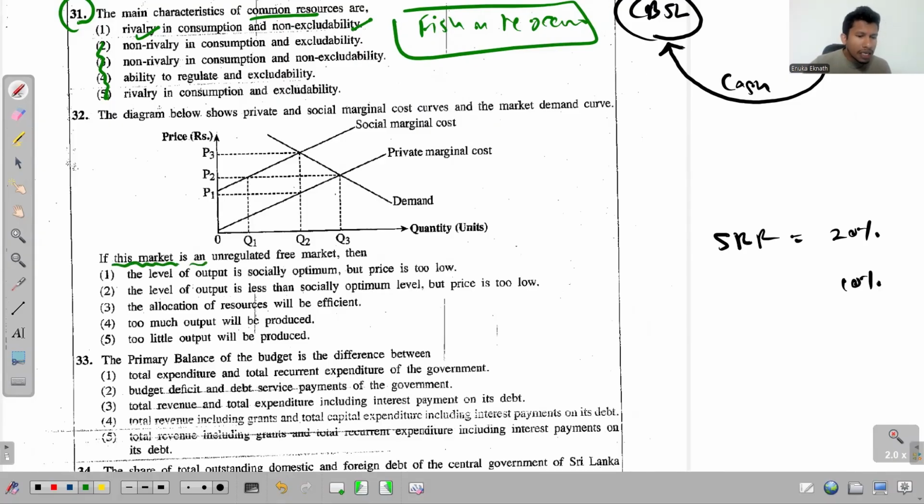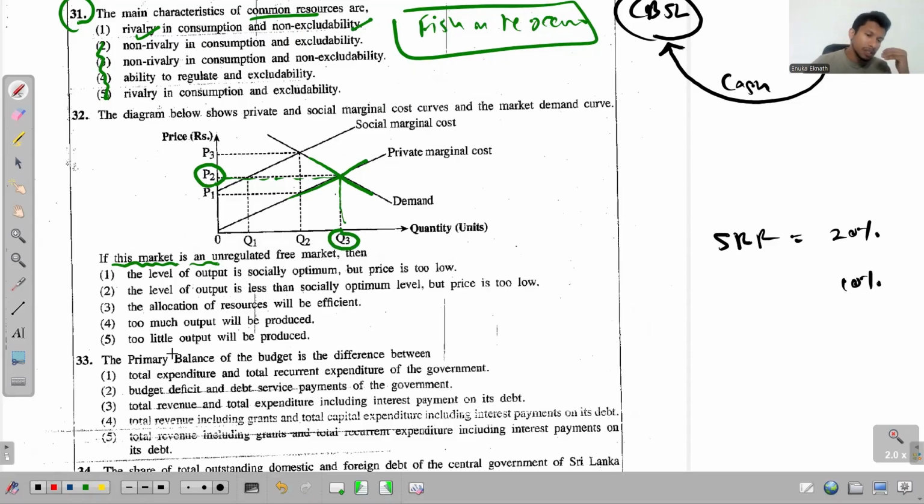If this market is an unregulated free market, this free market only considers the demand based on the marginal private benefit and the supply based on the marginal private cost. So based on the marginal private benefit and marginal private cost, see, the equilibrium is here. This is the equilibrium price. If not, simply this is the market price and this is the market quantity.